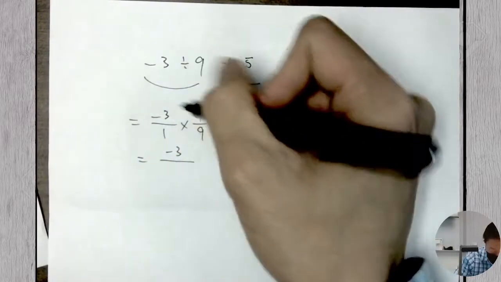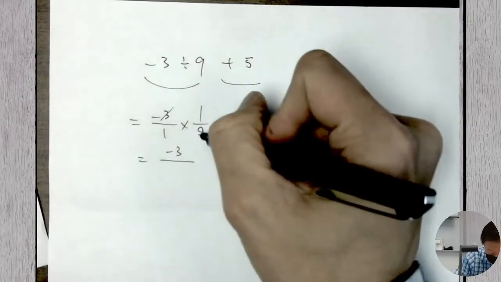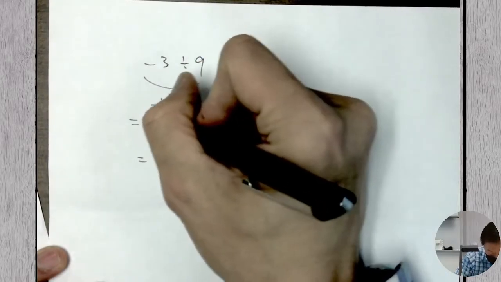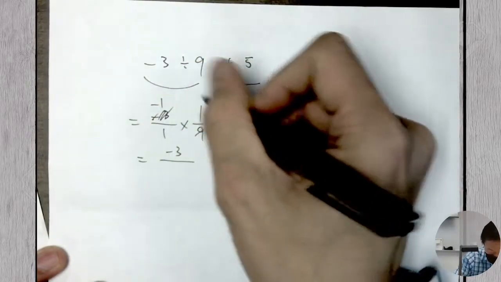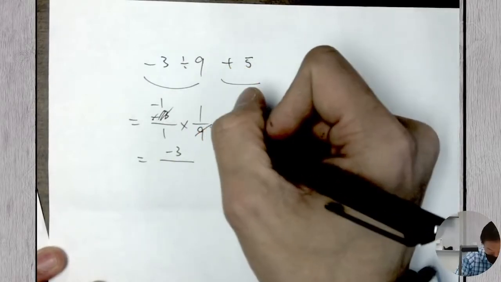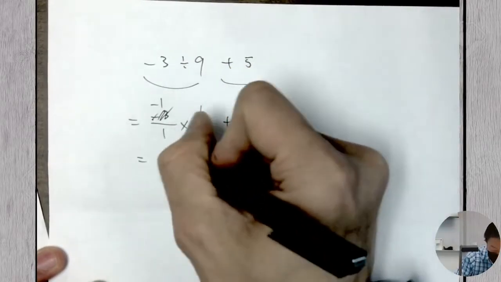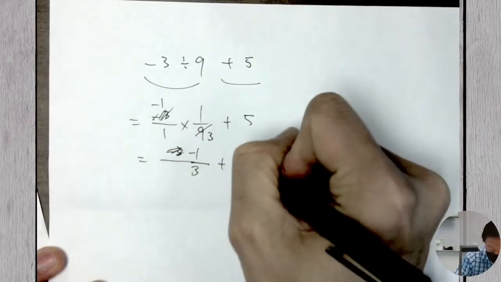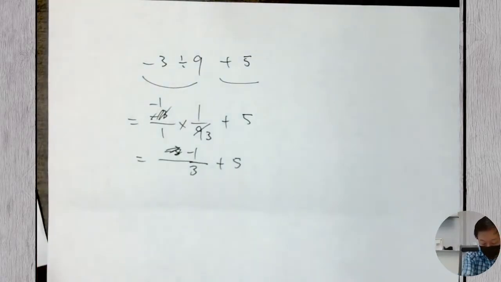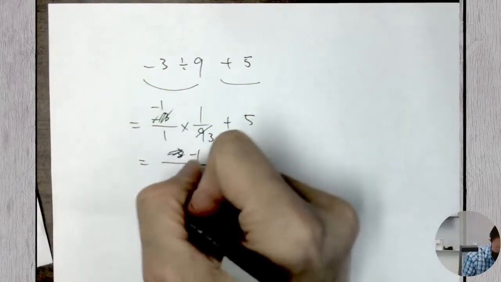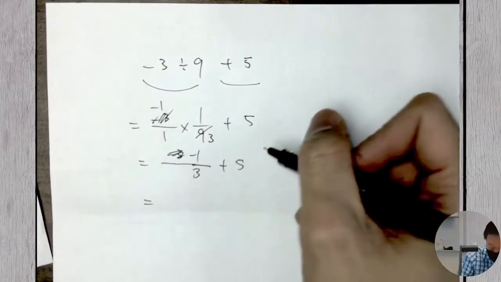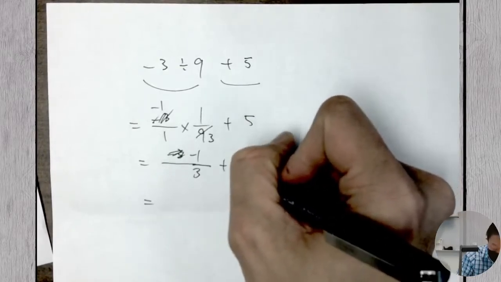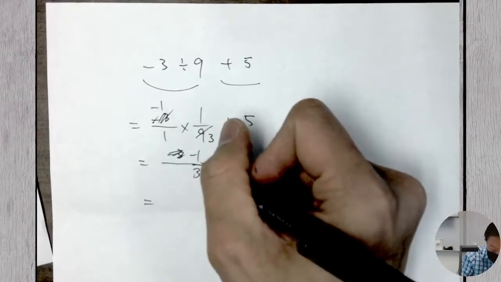Oh, before I do that, notice I can simplify this. So 3 divided by 3 give me 1. I'm gonna put the negative next to it just so that I don't omit it. 9 divided by 3 give me 3. So this should be negative 1 over 3 plus 5. Alright, now we're running into negative number. I can't put this 5 and negative 1 over 3, so I'm gonna take one of these ones and minus that.